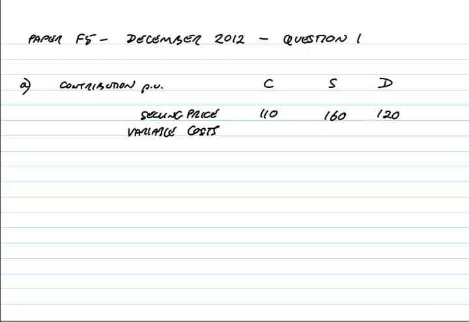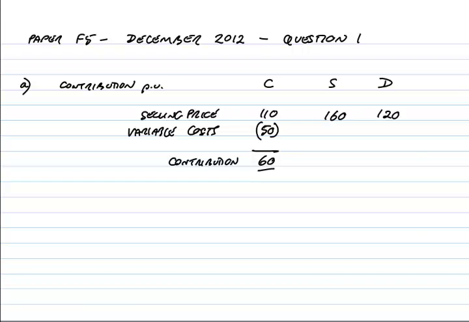So let's look at the cost card. Materials 1 and 2, they are obviously variable. The labour, well, it says below the table, both skilled and unskilled are variable. So all those costs listed in that little table are variable. So what's the total for C? 20, 36, what is this? 50? Which means the contribution per unit for C is $60.